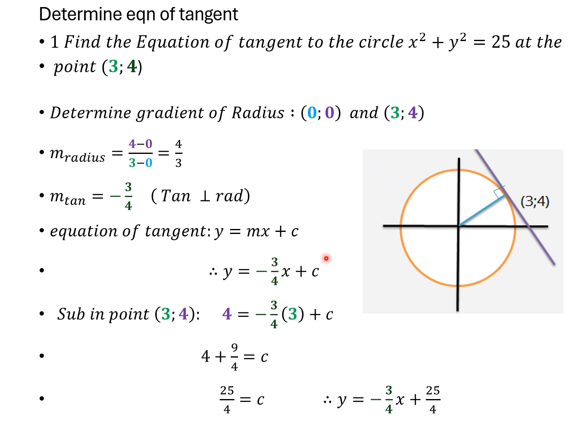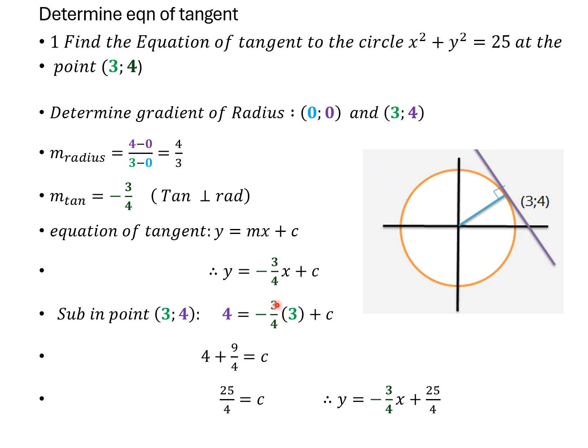On the tangent, we're only given one point, which is 3 and 4. So we substitute 3 and 4 into the equation. This states that y is 4 when x equals 3. If we multiply, I have 3 times 3, which gives me 9, so that's 9 over 4. Please, we don't multiply the 3 at the bottom. That's 3 over 1, so 3 times 3 is 9, and 4 times 1 stays 4.